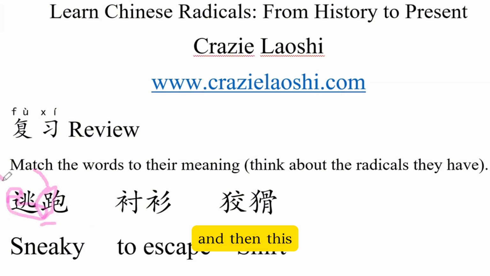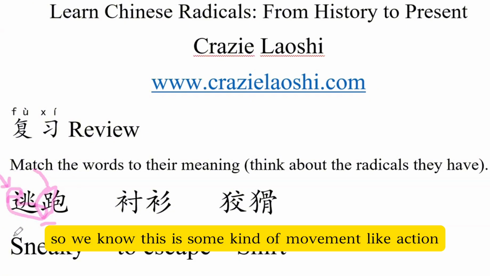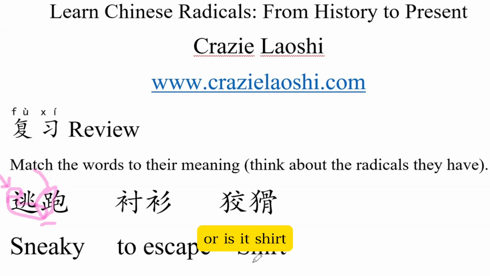And then this 走之旁 is also a walking movement radical. So we know this is some kind of movement, leg action. So we can go through the answers. Is it sneaky? Is it to escape? Or is it shirt? So it looks like, okay, is to escape.